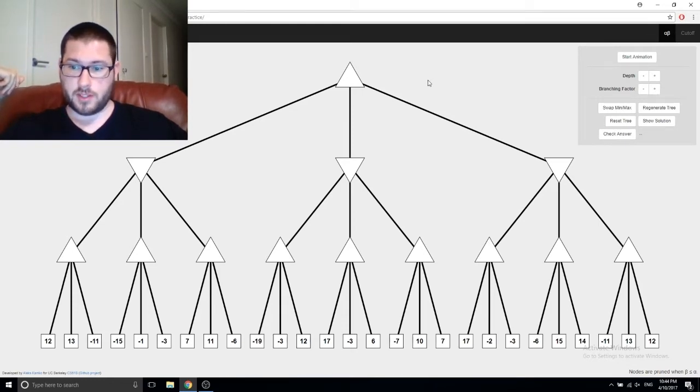And the third concept I want to talk about is the concept of a heuristic. In this example that I've got on the screen here, each possible state has 3 moves that you can take. And that's probably a lot less than you're going to find in most games.